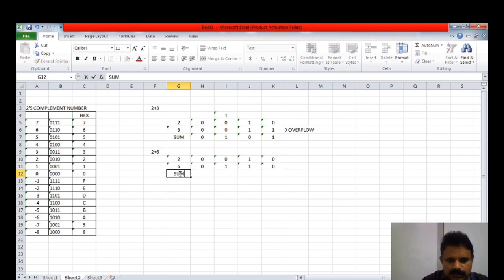The sum is 0 plus 0, 1 plus 1 is 0 carry 1, 1 plus 1 plus 0 is 1 carry, 1 plus 0 plus 0 is 1. The pattern is 1 0 0 0. In our representation, what is the pattern 1 0 0 0? It is -8 actually.